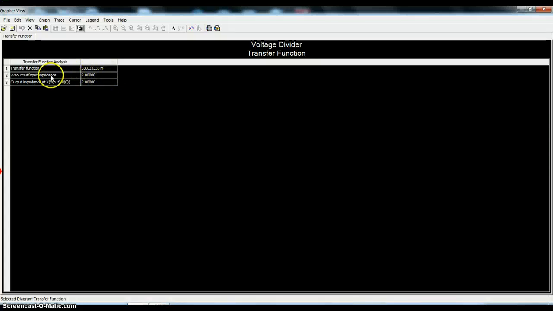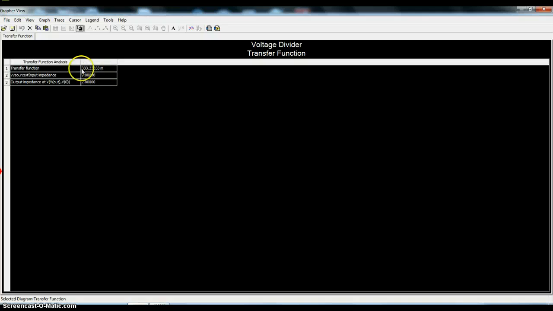Now, the input impedance, as already mentioned, is 9 ohms. And if you look back from the output, you have 2 ohms looking back into the circuit. So in effect, you have essentially done a Thevenin equivalent circuit as far as the output is concerned, with one exception. What you're getting is the actual transfer between the input and the output.